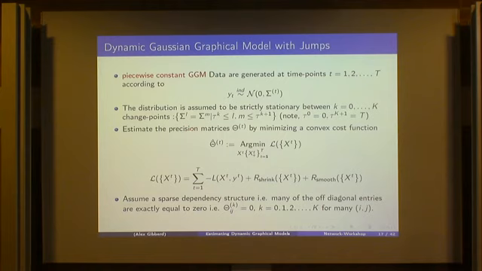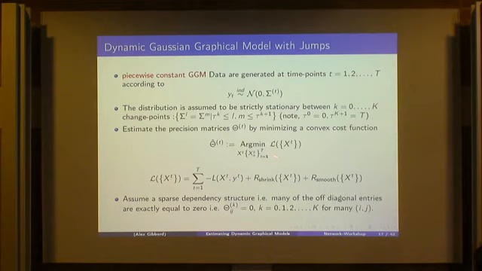But let's say it's a basic model at first, where I just drop the identicalness and assume independence over time from normal 0, sigma t. And then I can assume strict stationarity between those change points. Within a window from tau k to tau k plus 1, my covariance structure remains the same, and then for another window it changes to another. So you can observe this kind of piecewise structure.